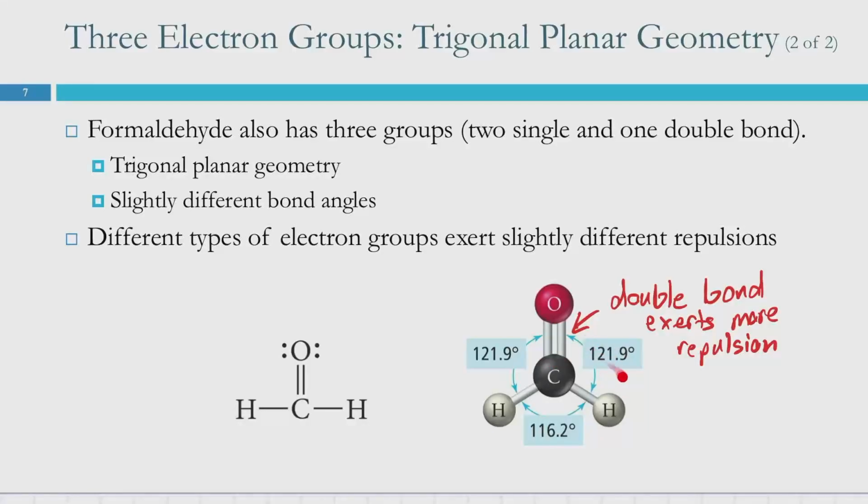And so we end up with slightly larger spacing, larger angles, because of the increased repulsive force between the double bond and the single bond. The double bond is exerting more force, pushing the single bonds closer together, and so this side between the single bonds gets pinched down a little bit because they're pushed away from the double bond. If we had a triple bond here, it would be pinched even more, and so it would be an even smaller bond angle than 116, if that was possible.